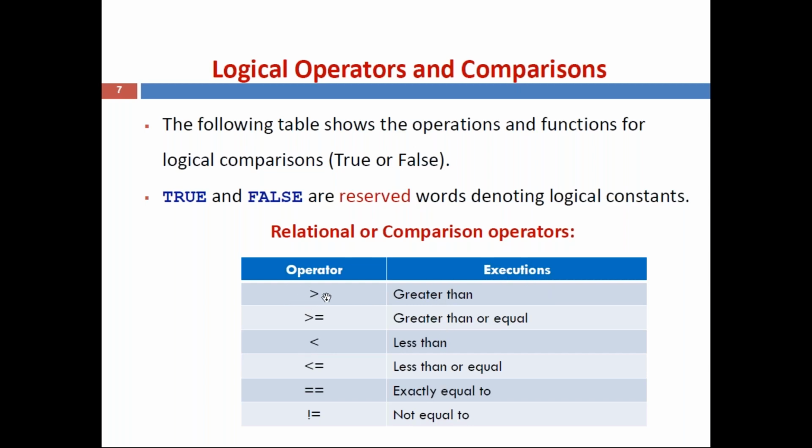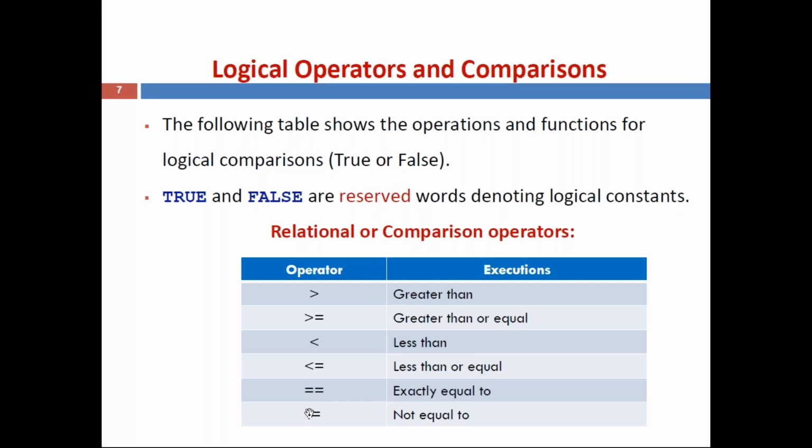The first one is the symbol greater than. The meaning is greater than. The second one, greater than or equal, we read as greater than or equal to. Next symbol, less than. Next one, less than or equal to. Then double equal is read as exactly equal to.